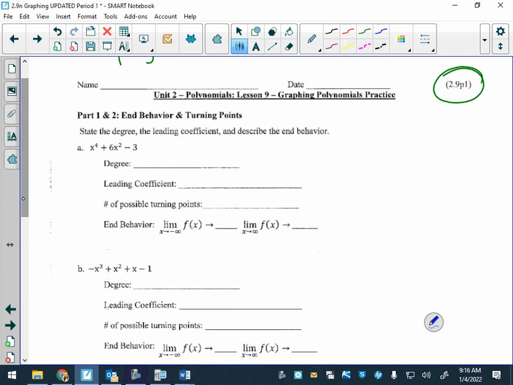Some of you already have it written down. So, looking at page 5, what is the degree of this first polynomial? 4. Is that odd or even? Good. Leading coefficient. 1. The leading coefficient is 1, and it's positive. It's the number attached to the degree.